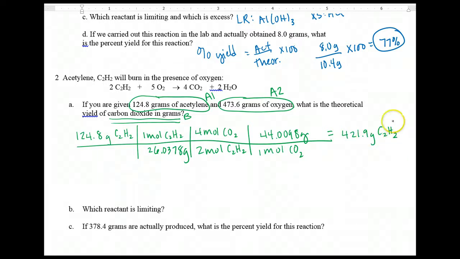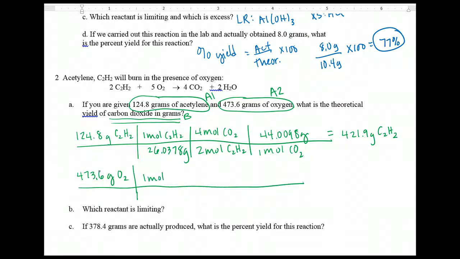Starting from our other given number, 473.6 grams of oxygen, we want to again begin by changing grams to moles. So 1 mole of oxygen, if you add up O2 on the periodic table, 31.9988 grams.